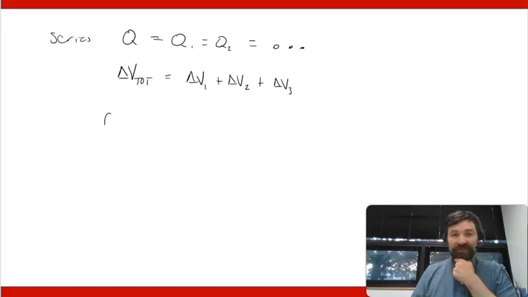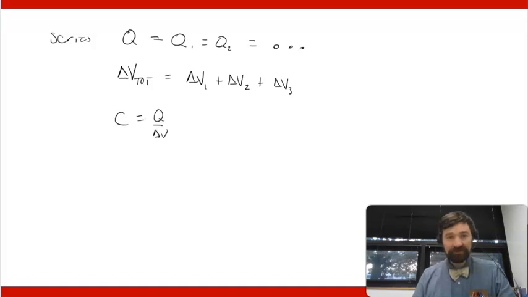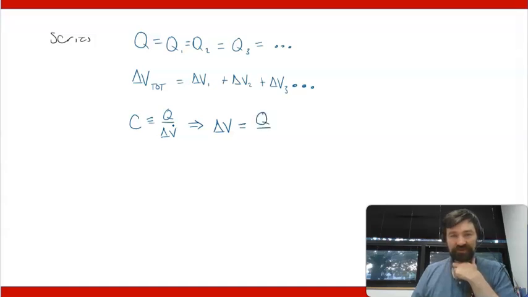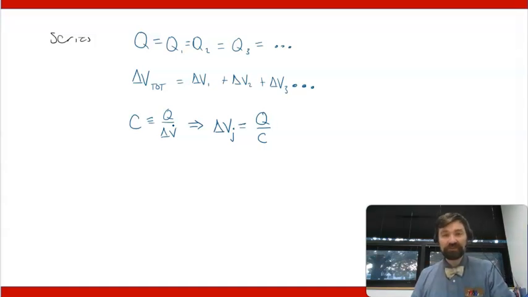But remember that capacitance is given by Q over delta V, which in turn means that the voltage drop is going to be Q divided by C. And so basically the voltage drop for the jth capacitor would be Qj, or just simply Q, since all the Q's are equal, divided by Cj.